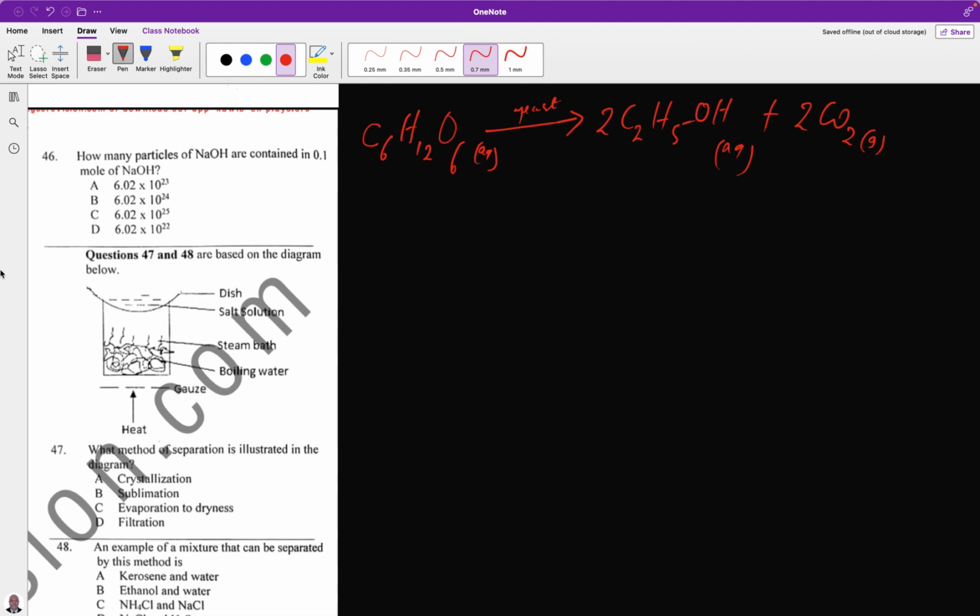From the equation we have zinc solid plus copper sulfate aqueous to give zinc sulfate, which is still aqueous, plus copper solid.